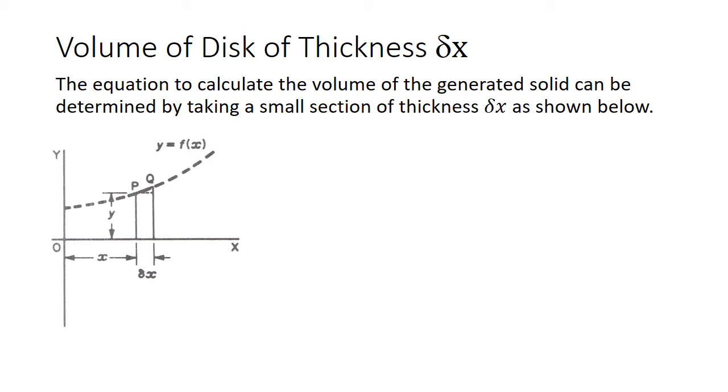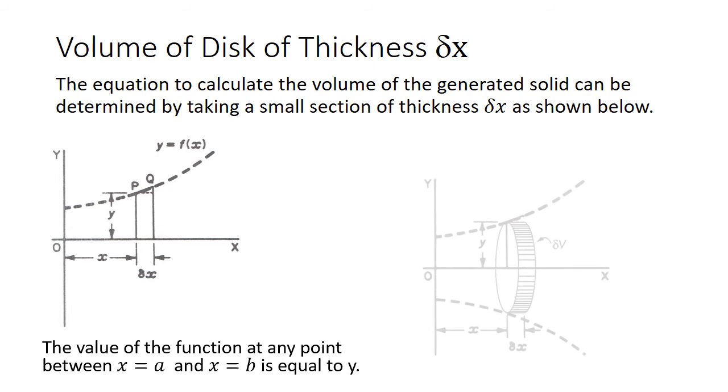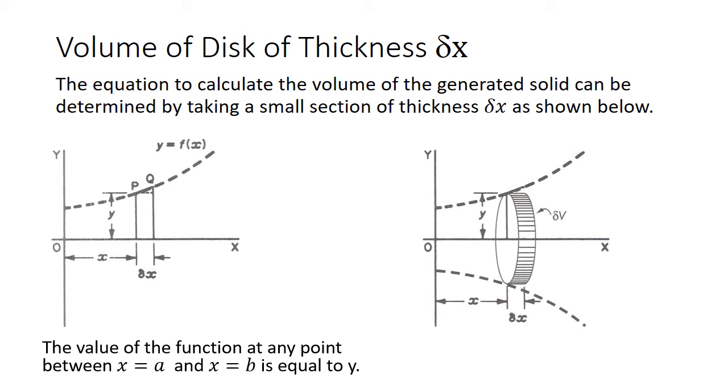If we pick a very thin section at this point of thickness delta x, and then take that and revolve it around the x-axis, we generate this disk that you see over here. The radius of this disk is equal to the value of the function at that point, and this disk has a thickness of delta x.